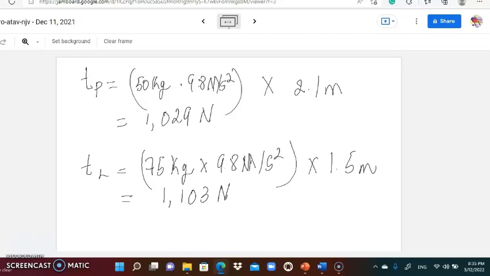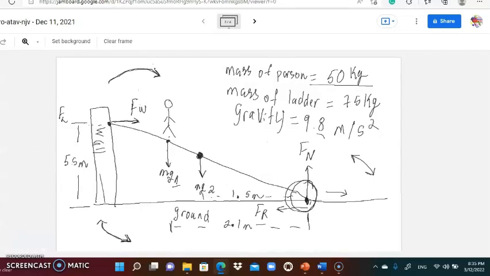newtons. Now we need to find the torque force that the wall is being exerted. Right? Now if you go to the diagram, you will realize that the perpendicular distance from this force that is being exerted by the wall is actually going to be the height between the wall and the ground, right?